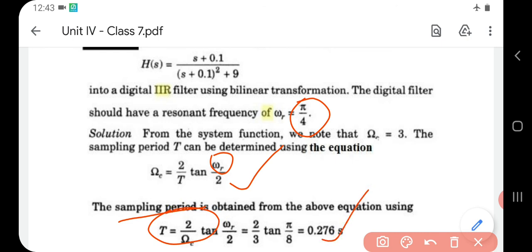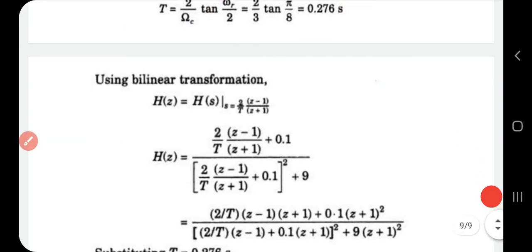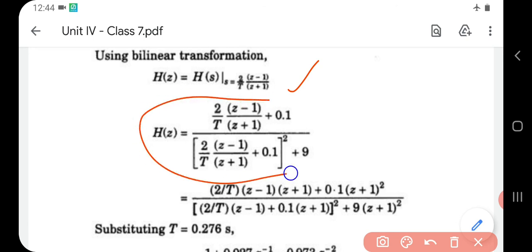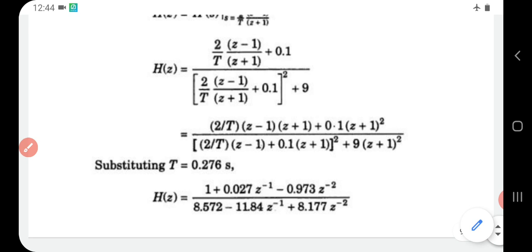So you will get the sampling period, and from this you have to find omega c. Finally, the formula for H of z is H of s at s equal to 2 by T into z minus 1 by z plus 1. Finally, you can substitute the value of T here. T is obtained here, and this gives the transfer function in the digital system.